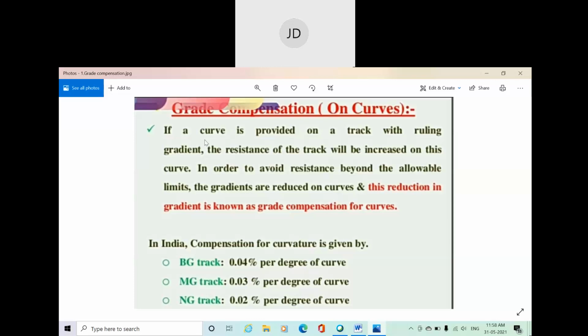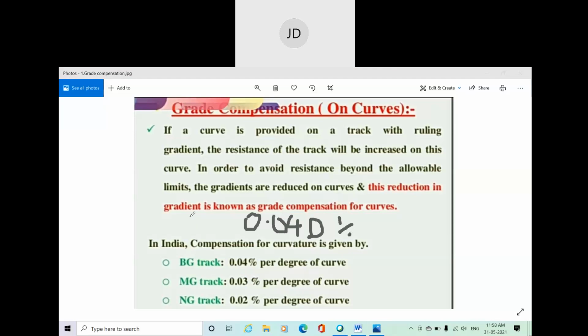For broad gauge, it is 0.04 percent per degree of curve. You can also write it like this: for broad gauge, the grade compensation is 0.04 D percent.